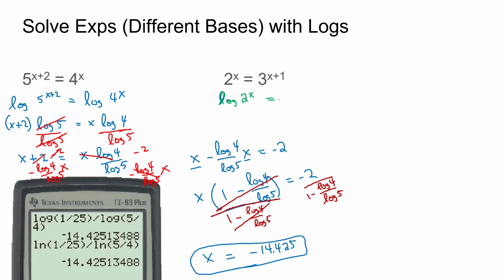Log of 2 to the x equals log of 3 to the x plus 1. Power rule says bring those guys down. Get them off the top shelf. I would have x log 2 equals x plus 1. Tie that up. Log of 3, like so.